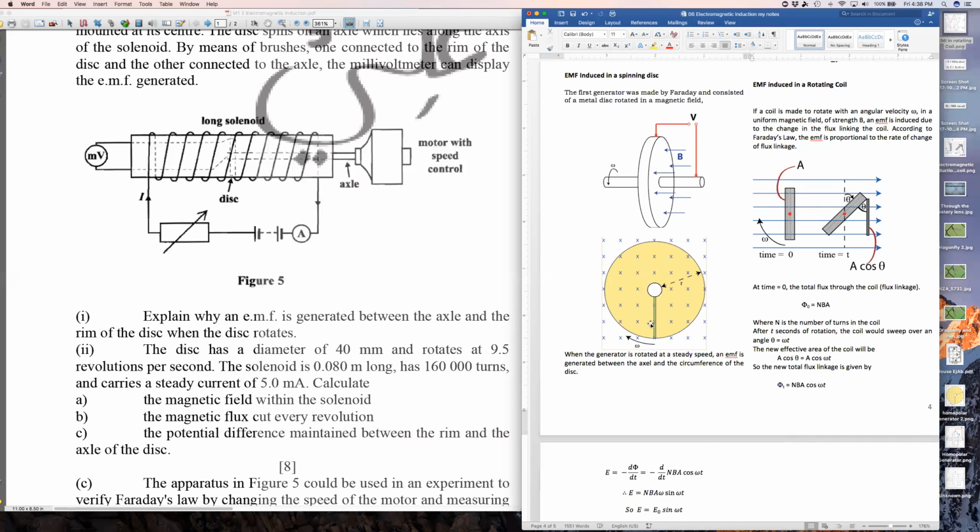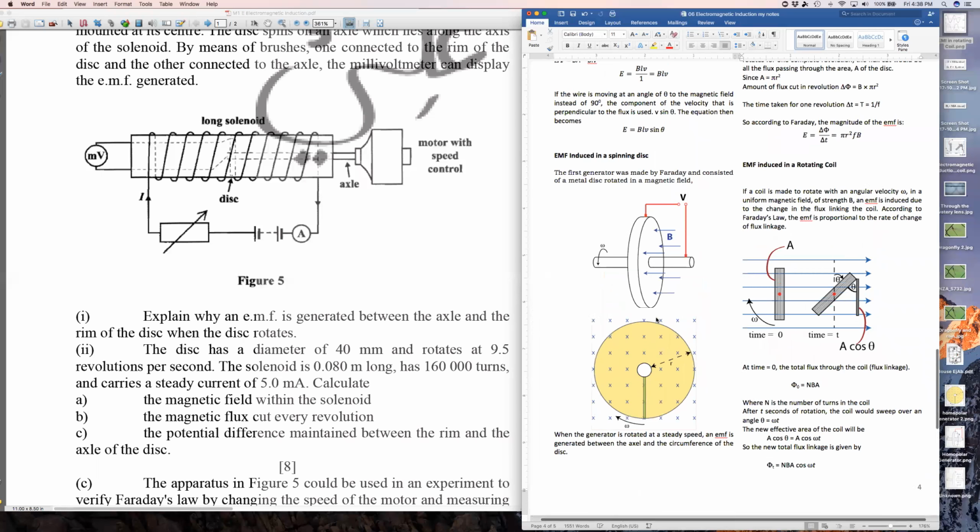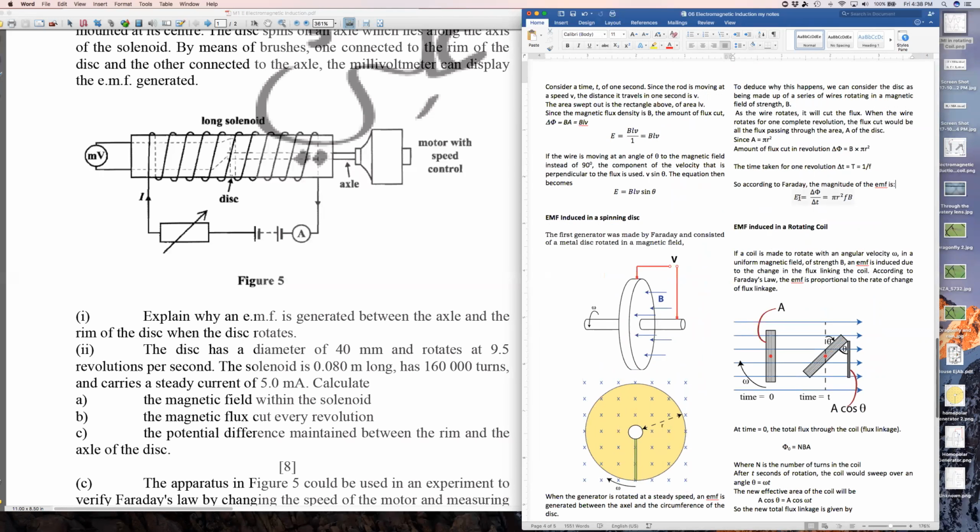Faraday's law says that once a conductor is cutting the field lines, there's going to be an EMF induced. And the EMF is the amount of flux cut, which is this area, divided by how long it took for the flux to be cut. The equation is E = Δφ/Δt.